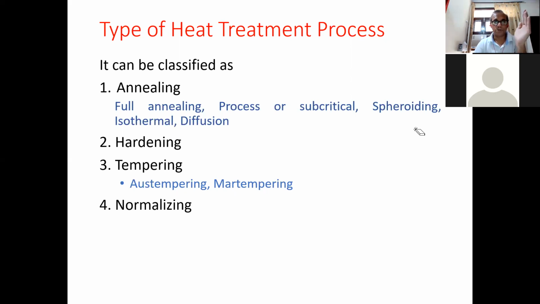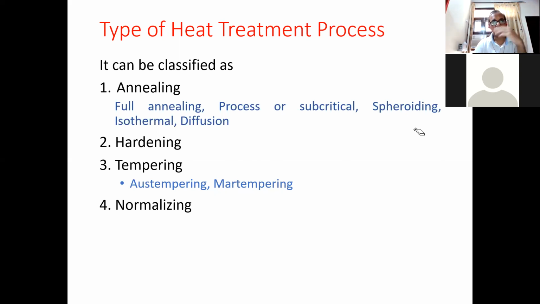If a treatment process is favorable for low carbon steel, the same may not be favorable for high carbon steel, tool steel or medium carbon steel, along with steels having other alloying elements, as I have just discussed before: chromium, vanadium, tungsten, molybdenum, and so on.